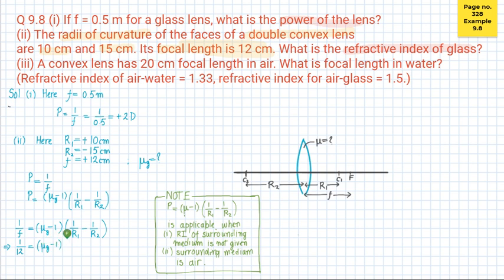How much is R1? R1 is plus 10 centimeter. How much is R2? R2 is minus 15 centimeter. Fine. Now here minus and minus will become plus.